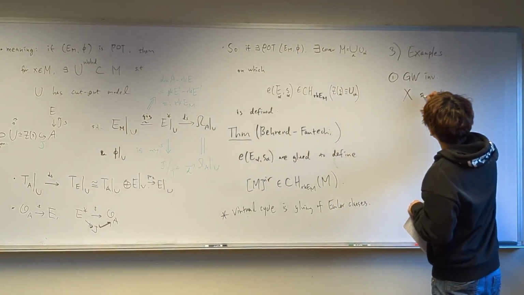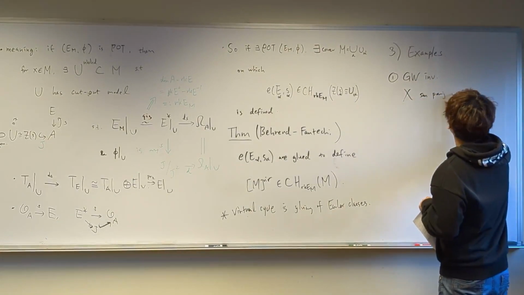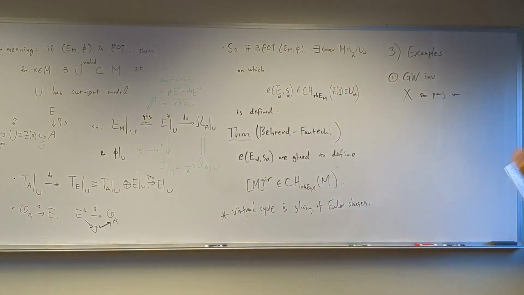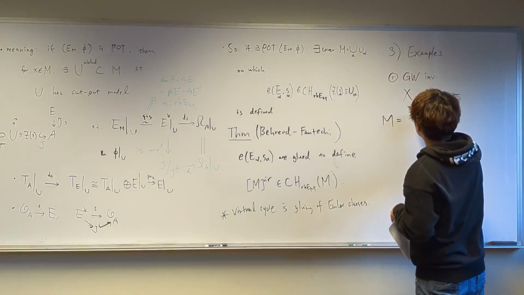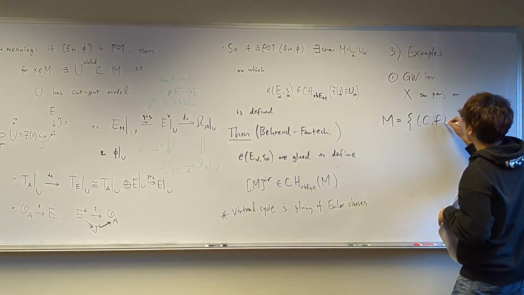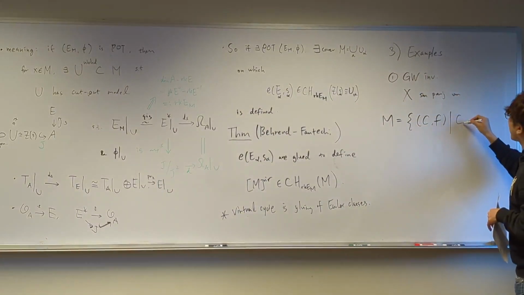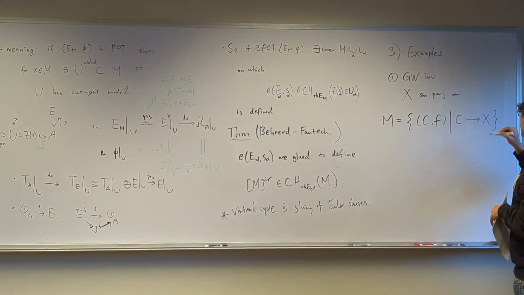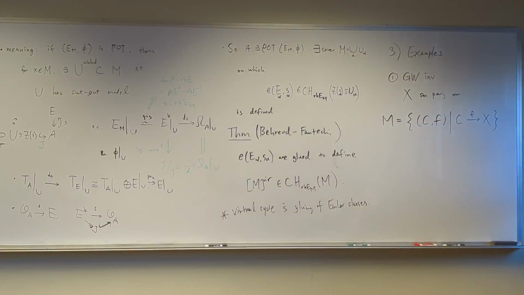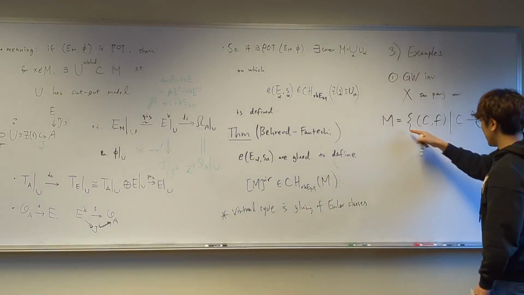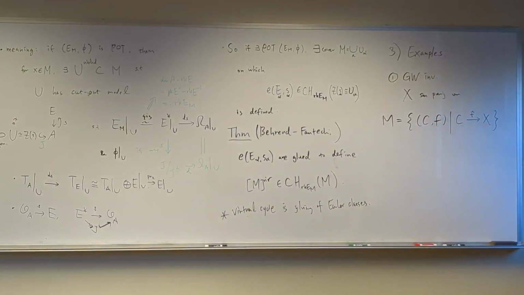We start with a smooth projective variety X, over the field C of complex numbers. Then the moduli space is the data of a curve and a map. So this is some collection of these pairs of maps into X.